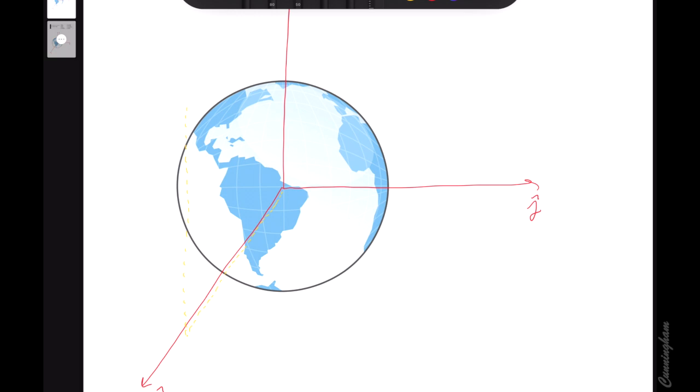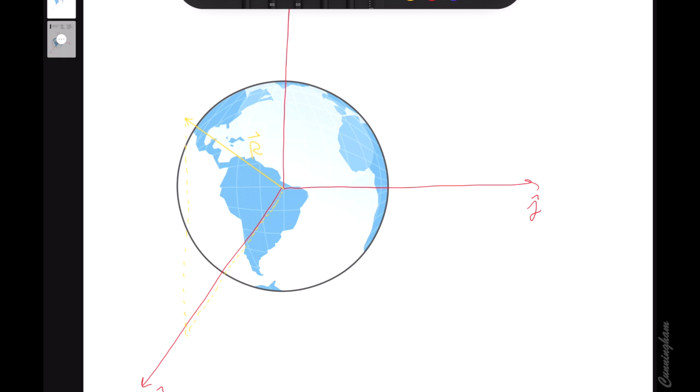The two components that make up our R vector are those that I drew in the dotted line, and R itself reaches out to the very end of that, pointing partially out of the screen at us.